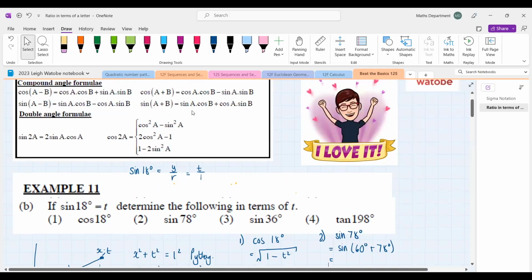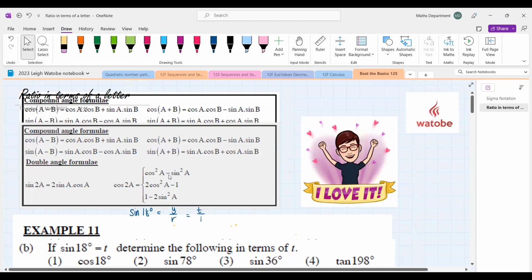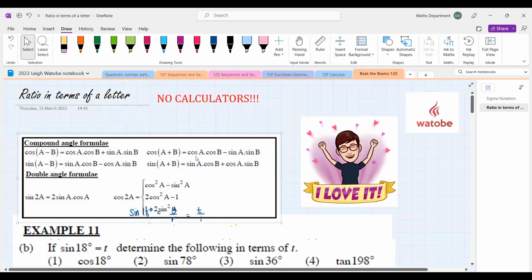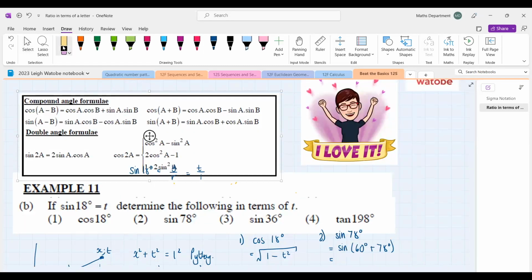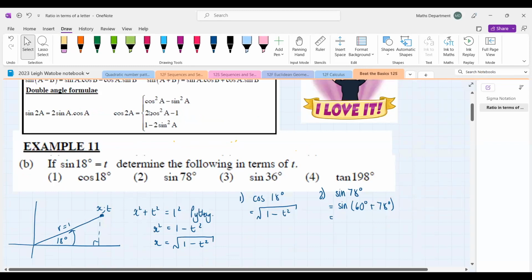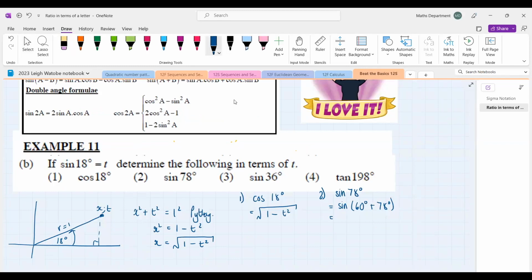So our compound angles are up here. Let's just move those down a little bit. Okay, so this would be sine 60.